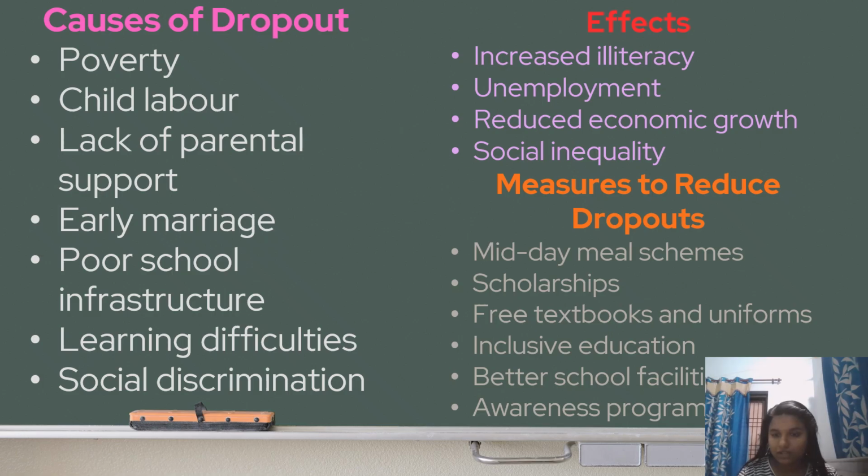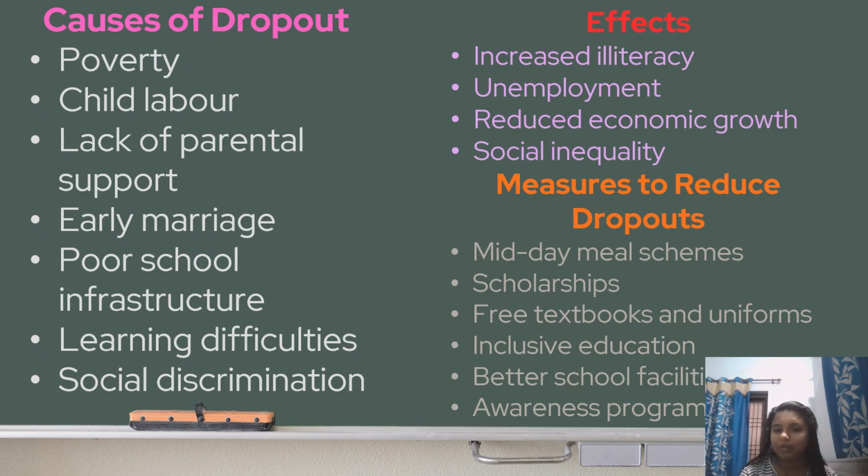Poor school infrastructure. The school does not have good infrastructure, which may lead to dropout. Then some learning difficulties. Maybe the child has dyslexia or dyscalculia or another kind of learning disability that may lead to dropout.